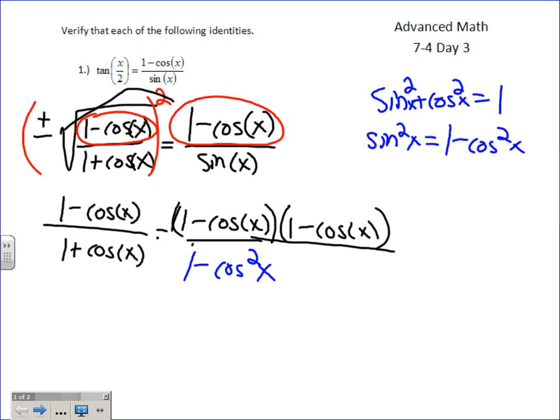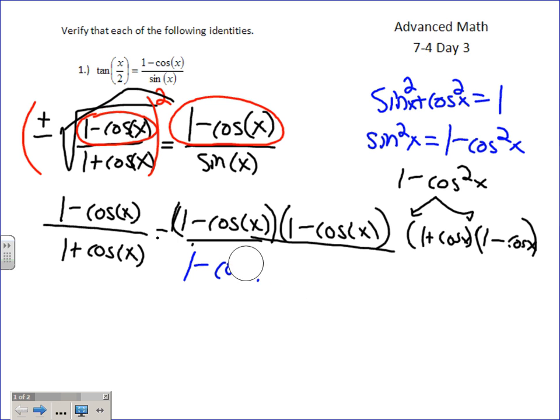If I take 1 minus cosine squared and make it a difference of 2 squares, 1, cosine, cosine, you agree with that? 1 plus and 1 minus? Ooh, I said it right and wrote it wrong. Do you agree that's what it could be? And I almost did it again.